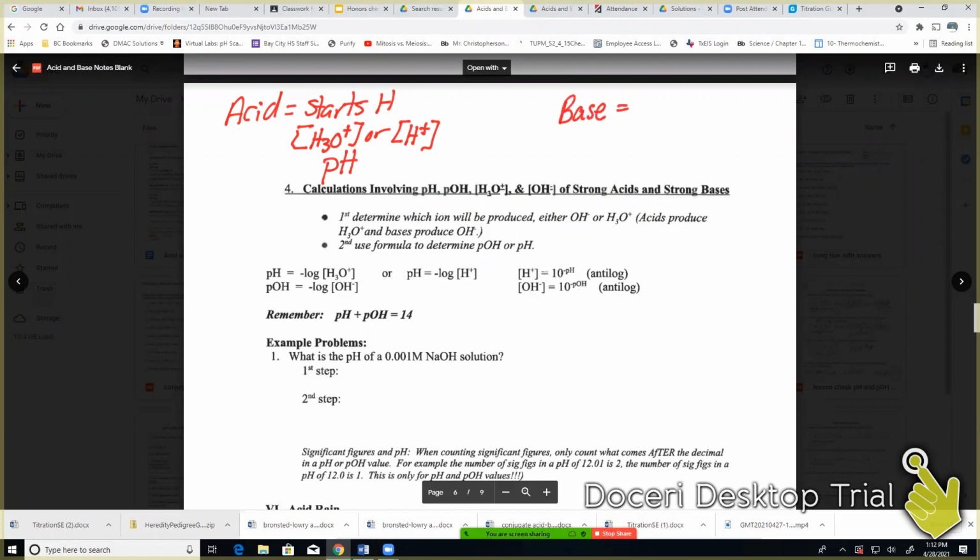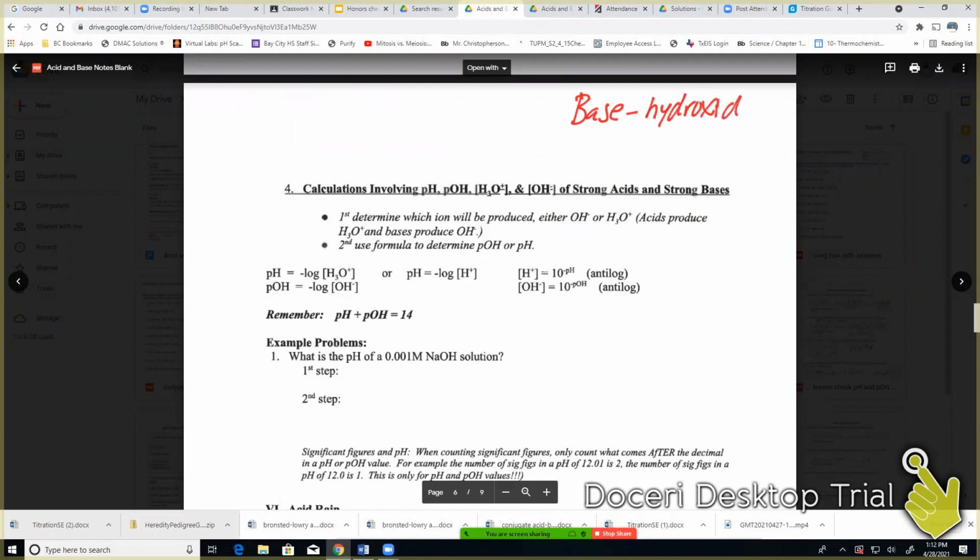Then my base is going to have a hydroxide. Base, I have a hydroxide, and OH. And pOH would go with it.